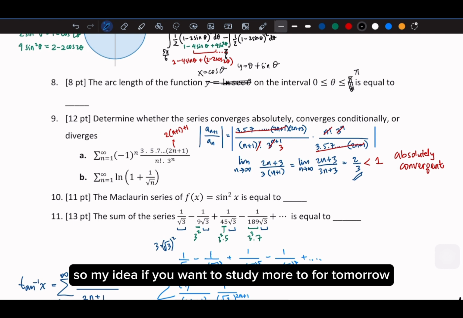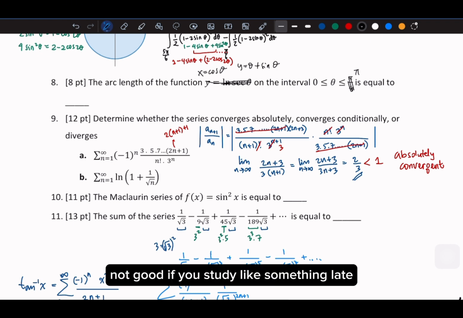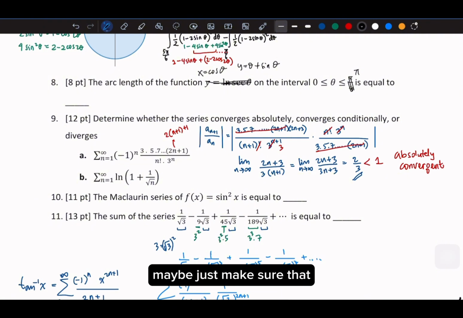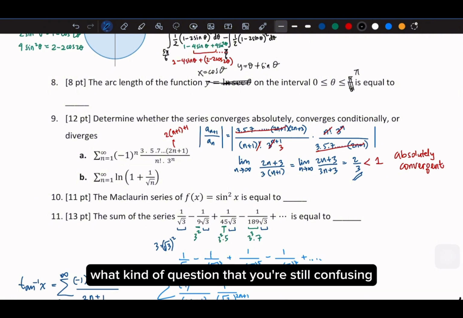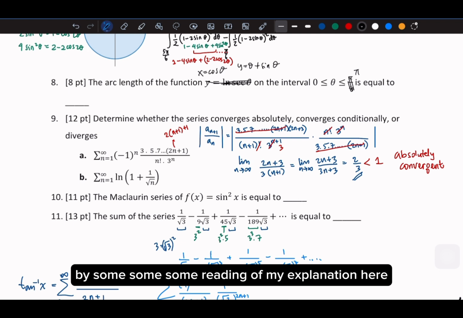If you want to study more for tomorrow, I think it's not good to study until late because tomorrow is morning, right? Maybe just make sure what kind of questions you're still confused about, and maybe you can make up by reading some of my explanation here.